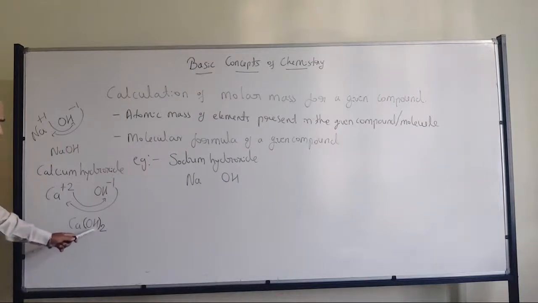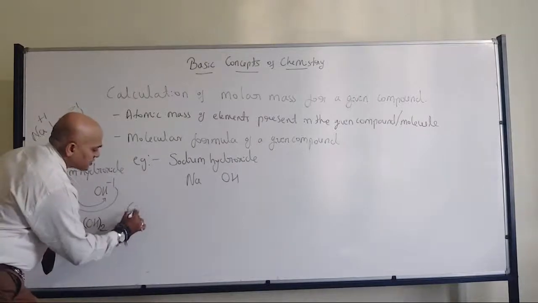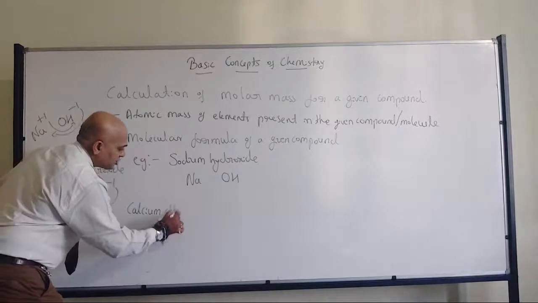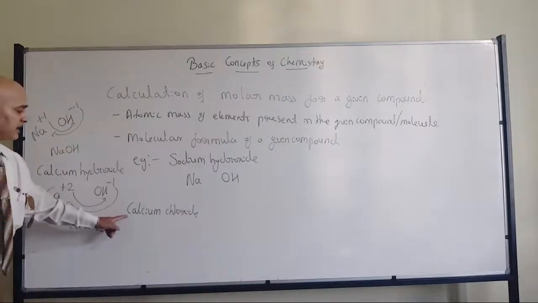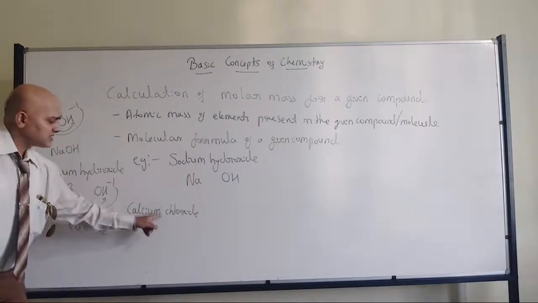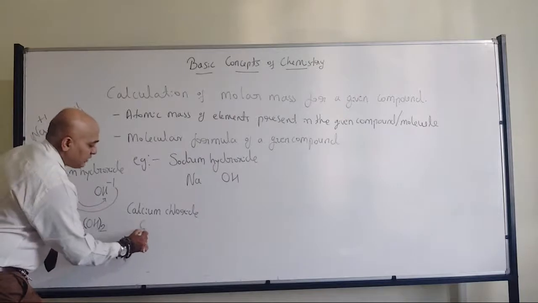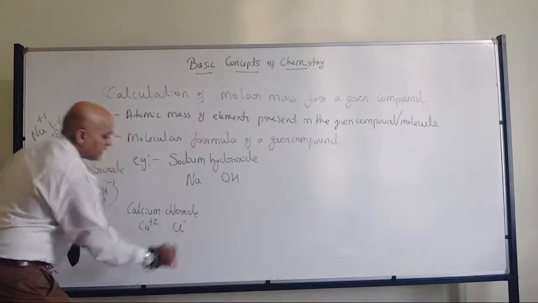Whenever two elements are present, I should use the bracket. Say for example, I have calcium chloride. Capital, small letter, and there is a space. Calcium chloride. That means I am talking about calcium and I am talking about chloride.